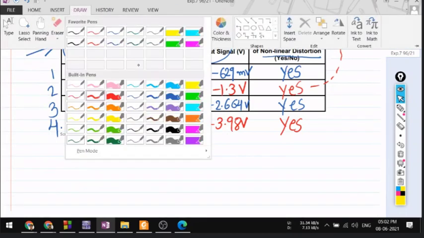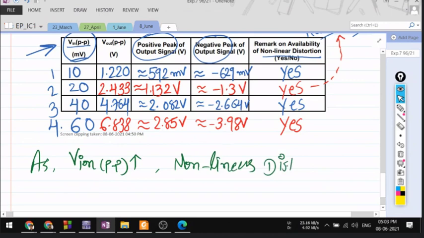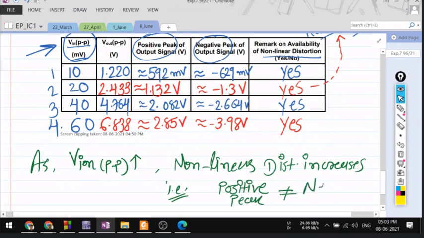You can conclude that as we input peak to peak increases, non-linear distortion increases, that is, positive peak is not equal to negative peak, that is distortion.